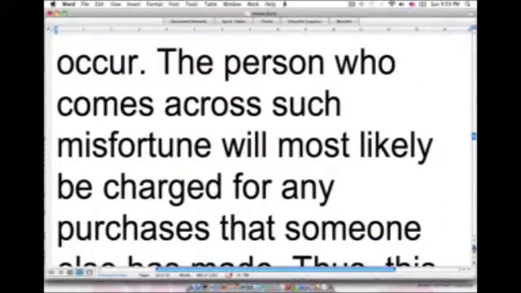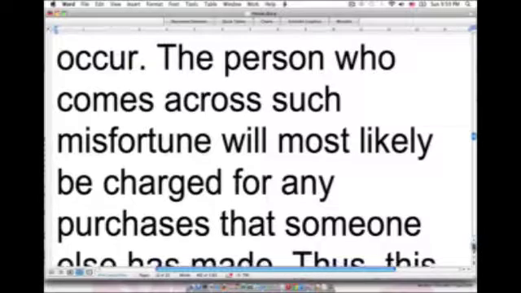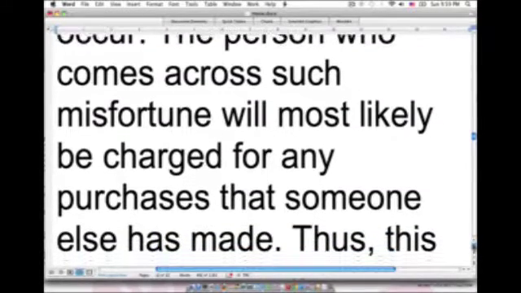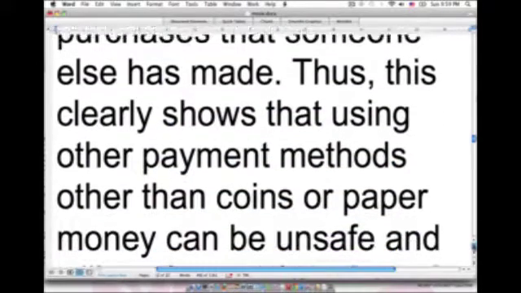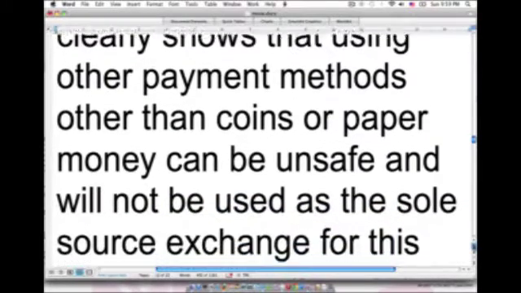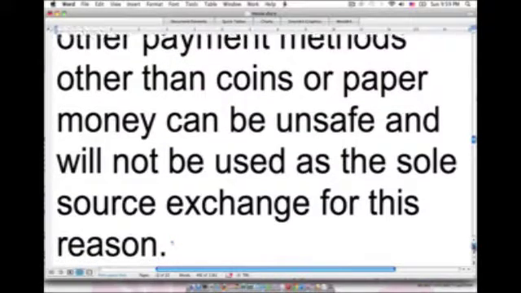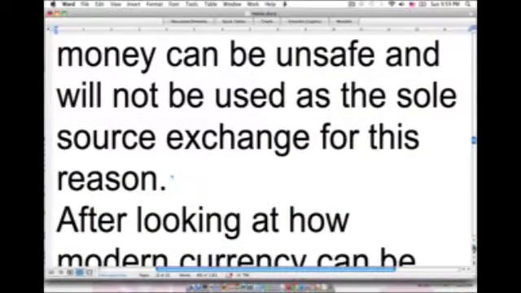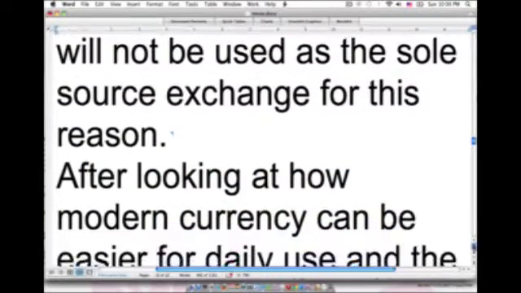The person who comes across such misfortune will most likely be charged for any purchases that someone else has made. Thus, this clearly shows that using other payment methods other than coins or paper money can be unsafe and will not be used as the sole source exchange for this reason.